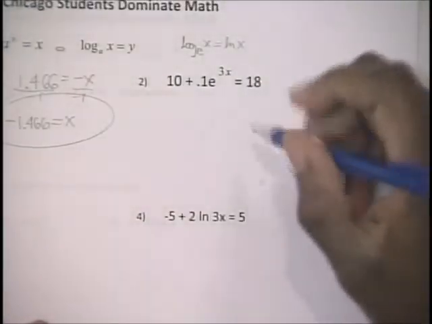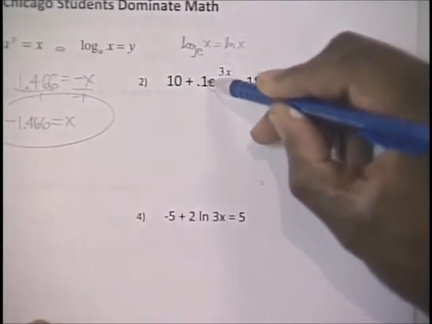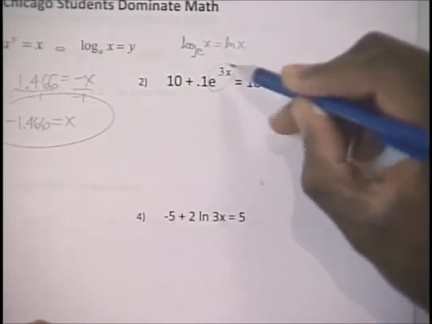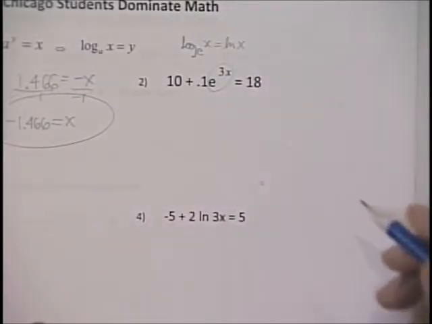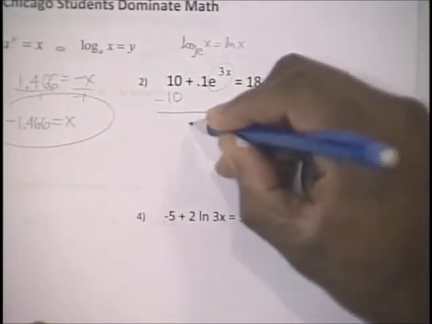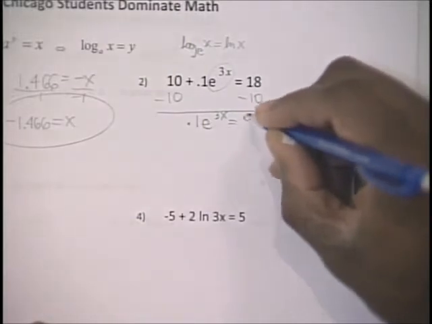Let's look at the next problem. Again, we want to isolate something. Here we're isolating this e function, this exponential part of our equation. In order to do that, we subtract 10 on both sides, and we get 0.1 e to the 3x is equal to 8.